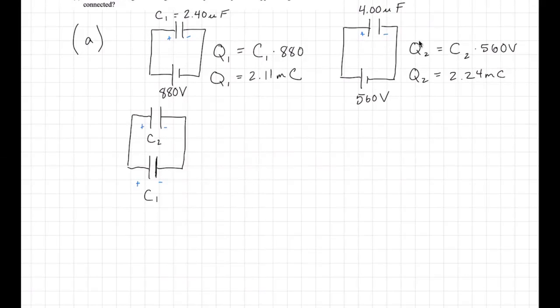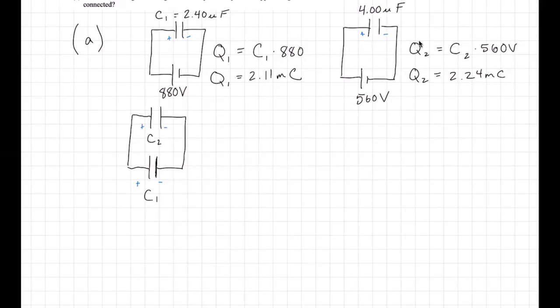So what's going to happen when I do this? Well, the voltage of these capacitors is going to change. There's no reason why 880 or 560 has to be represented here again. The physical thing that's in the system is the charge, and the charge will flow until the electric field everywhere is zero in the wires.